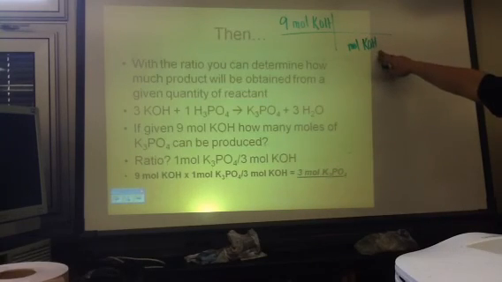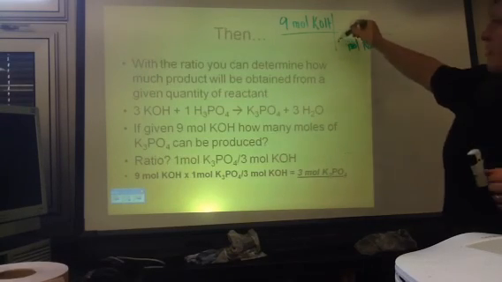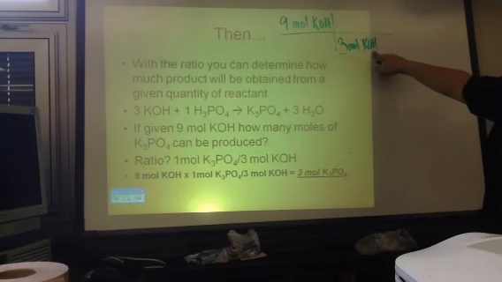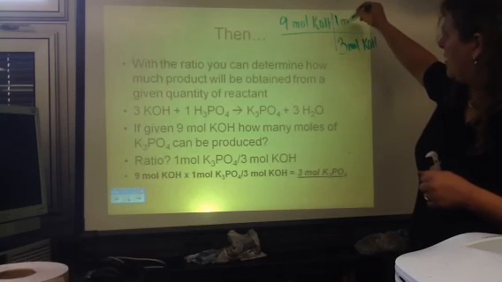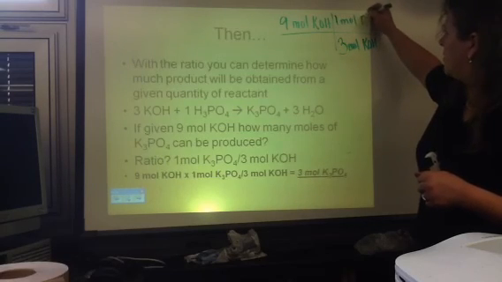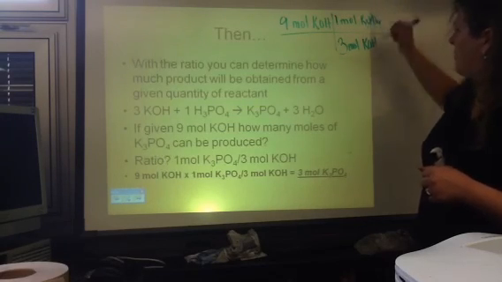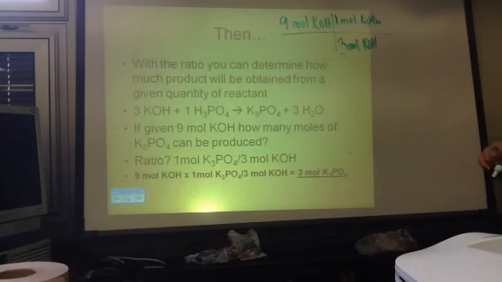What's the ratio of potassium hydroxide to potassium phosphate? For every 3 moles of potassium hydroxide, we can produce 1 mole of potassium phosphate. And that's it in this case.